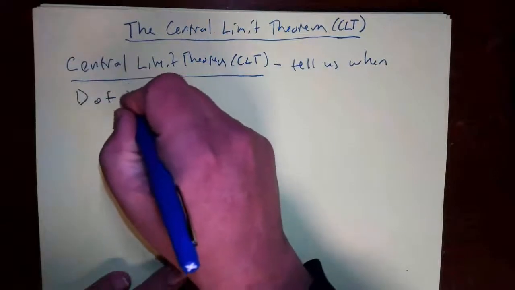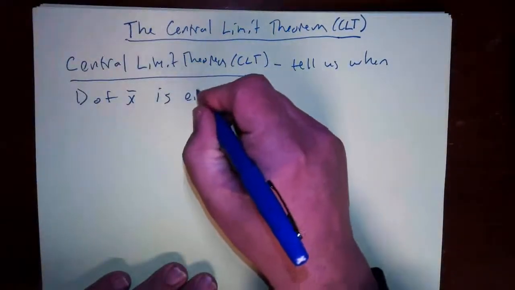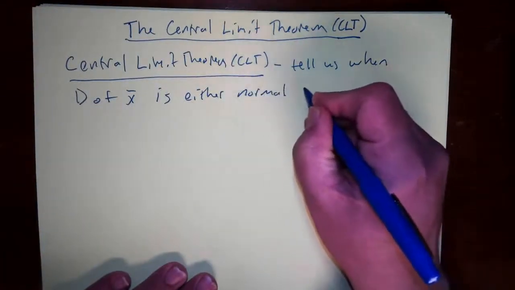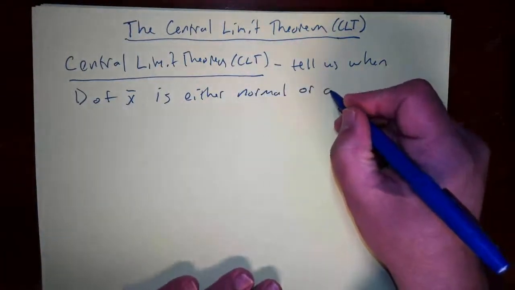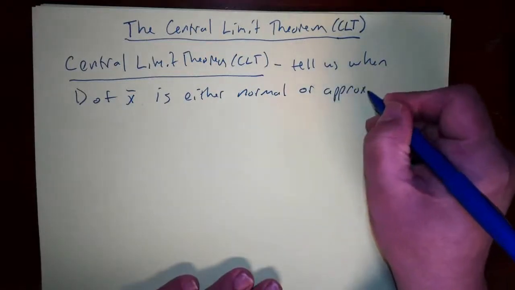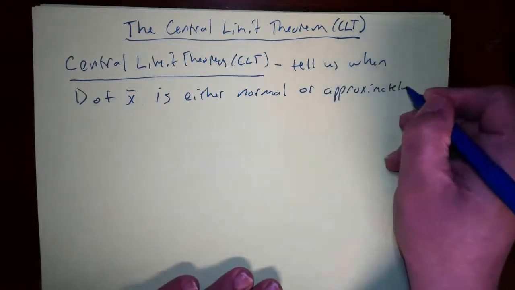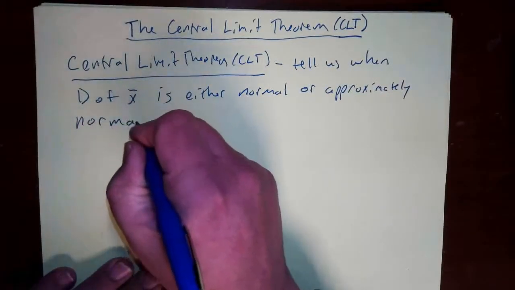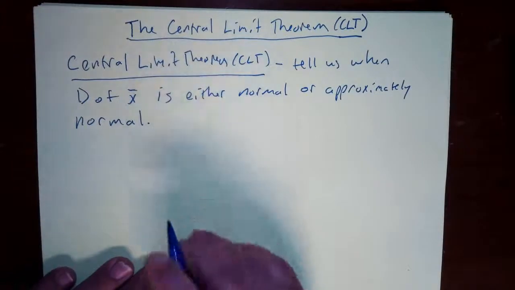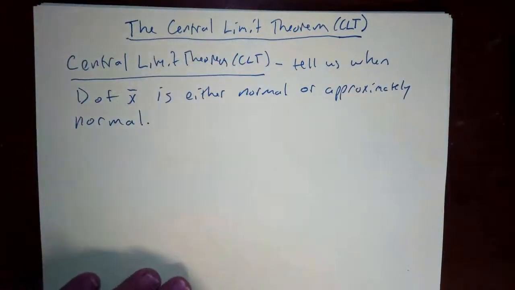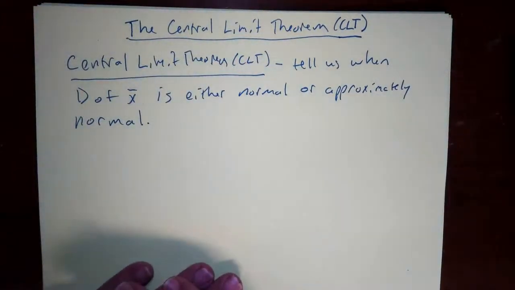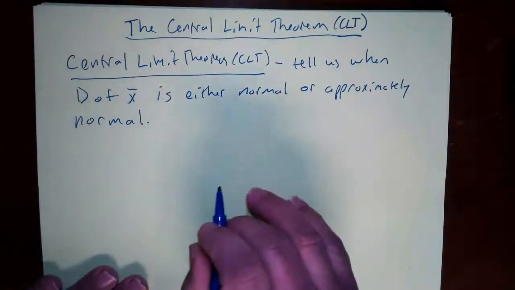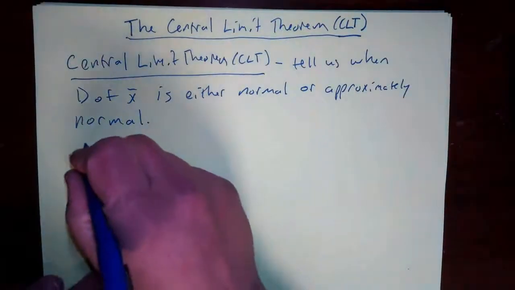The central limit theorem is going to tell us when the distribution of x bar is either normal or approximately normal. So there's two cases.